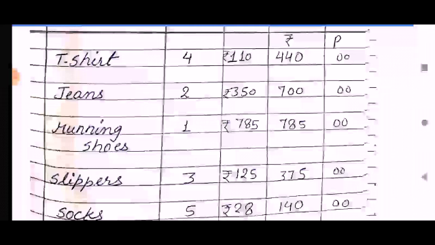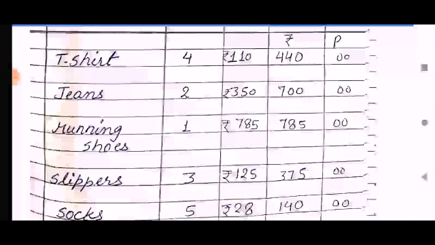Now we have to find the total cost. How will we find the total cost of 4 t-shirts? On multiplying 110 by 4 we will get 440. Similarly we multiply ₹350 by 2 for the total price of the jeans, and we get ₹700.